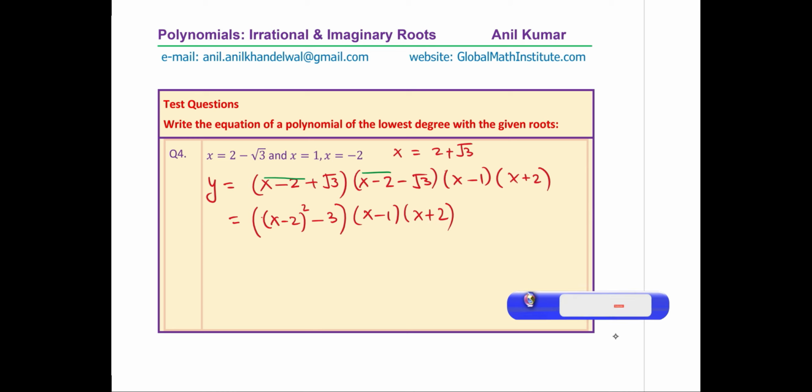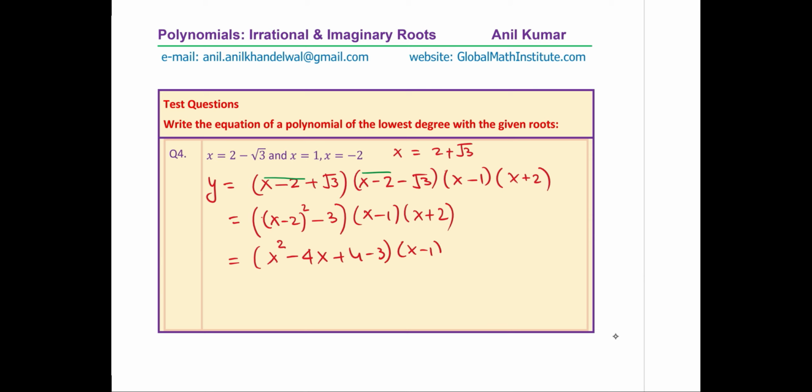Clear? And we are now going to expand this. x squared minus 2ab means 4x plus 4 minus 3 times x minus 1 times x plus 2. So that gives you x squared minus 4x plus 1 times x minus 1 times x plus 2.